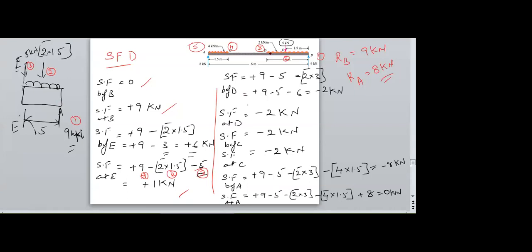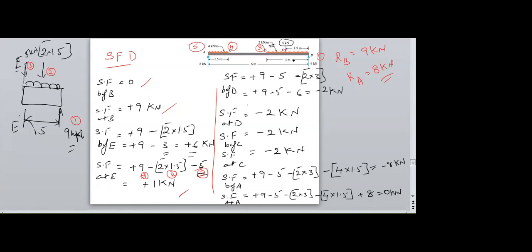Next point is D. The section needs to be taken at D. Therefore, the total UDL length now is again 3 meters. Here 9 is upwards and 5 is downwards, and the UDL is 2 into 3, where 2 is the magnitude and 3 is the length of the UDL.